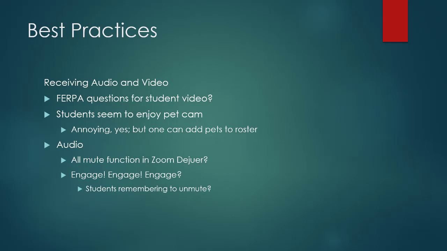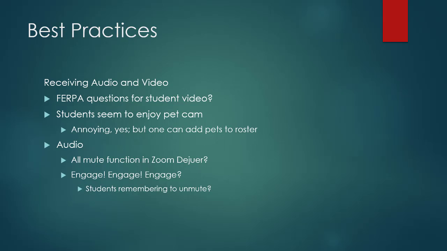As we talk about receiving our audio, one of the things that Zoom did have was muting everybody. So that might be something you might want to consider. If not, make sure the students have their mics muted. Not all students are going to have headsets. They're probably going to be using their laptops and the built-in microphones, so you're going to hear everything that's going on.